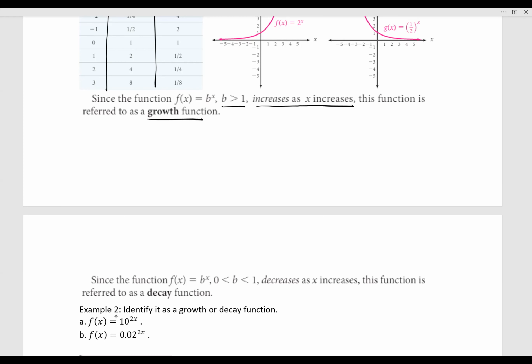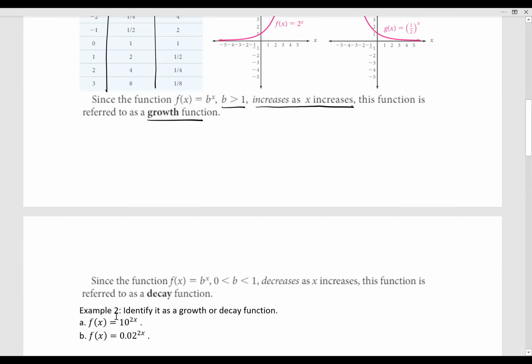So it gives me a decrease as x increases. What does it mean? The y value will decrease as x increases, right? And the function is referred to as a decay function, okay?